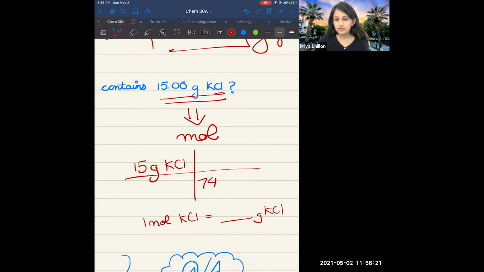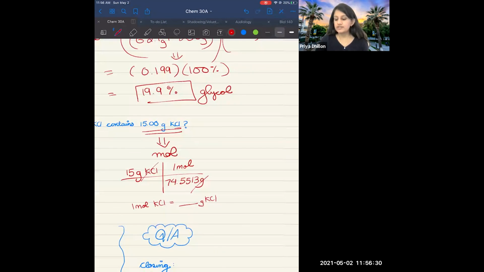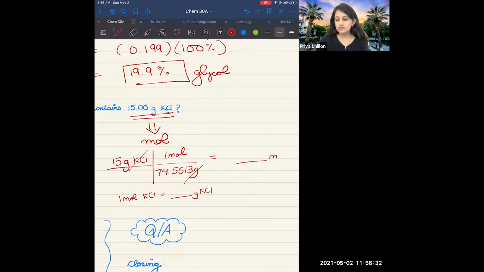Yes, that's what I got too, 74.5513 grams. It's 1 mole. And then what did you guys get for the moles when you put it into the calculator?